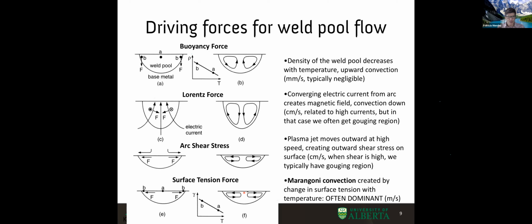And the changes in surface tension create fluid flow of the order of 1 meter per second, right? When we have recirculating flows, this is the dominant mechanism driving the molten metal flow. And by the way, depending on the direction that the fluid flow goes, it can help or hinder penetration.